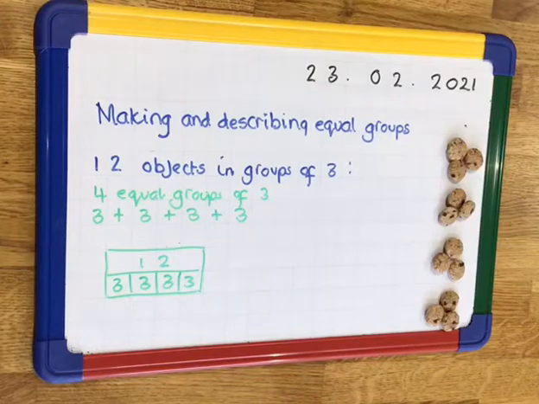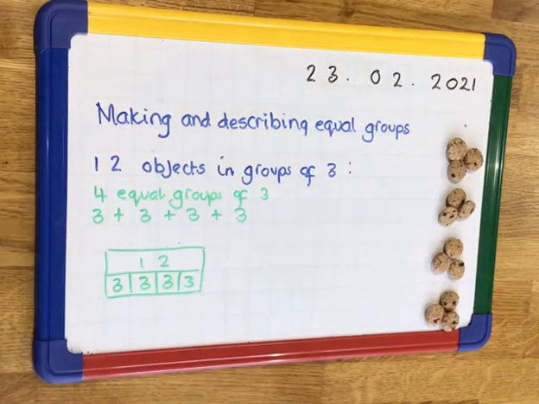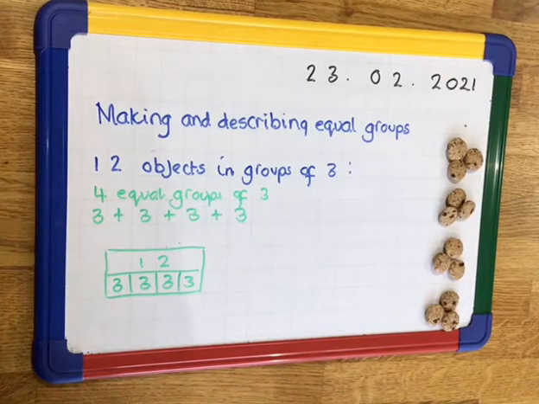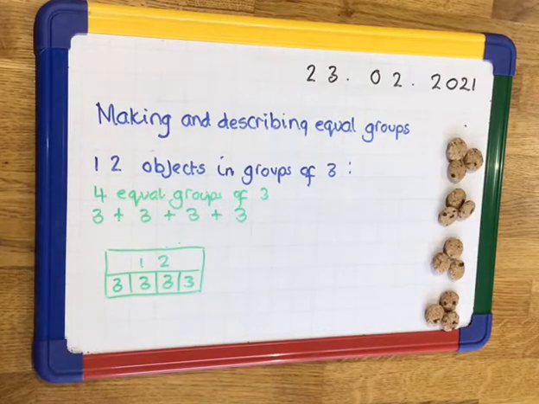I wonder how I might show this as an array. Do you remember we looked at arrays last half term when we were looking at multiplication? Pause the video for a moment and talk to your grown-up. If I was going to write this as an array, children, I could draw an array. Remember that an array is where we arrange our objects in rows and columns.